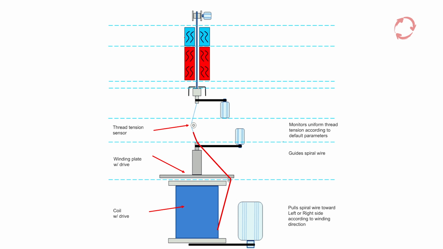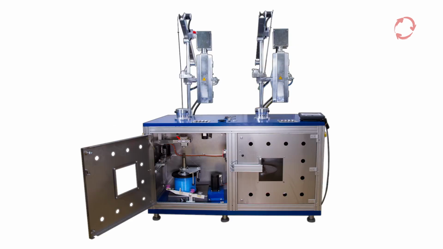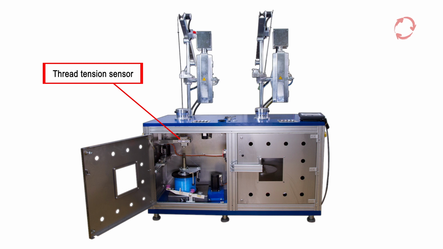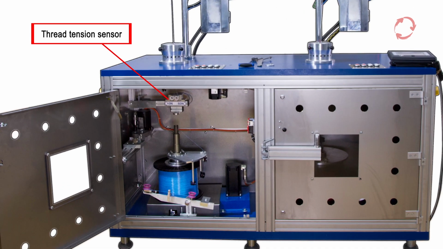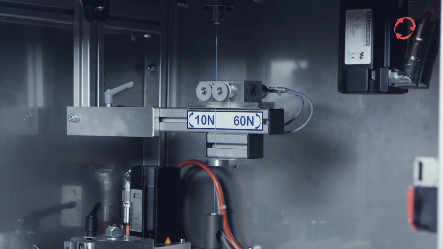Via the thread tension sensor, the control system constantly adjusts the current thread tension with the parameter values specified in the controls, and readjusts accordingly via the coil drive and, with flat wire, also via the winding plate drive. Depending on the manufactured spiral size, either the left 10 Newton sensor or the right 60 Newton sensor is used.